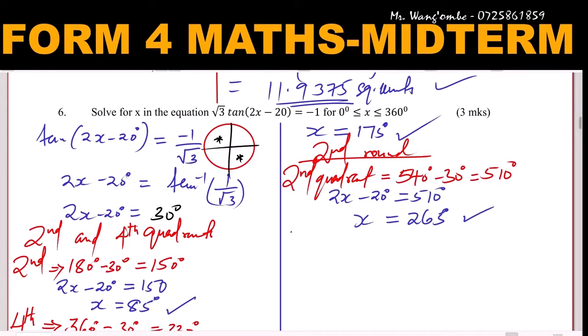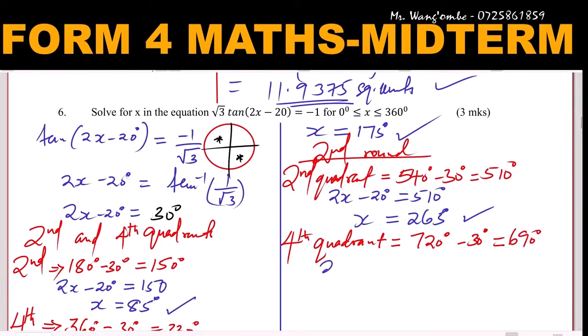So now we can go to the fourth quadrant. In the second round, the fourth quadrant, the angle would be 720 subtract 30, so this will be 690.